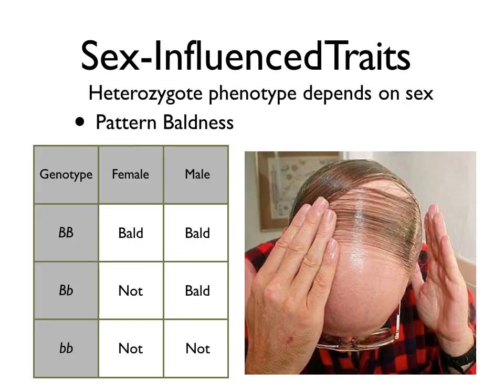And then there are also sex influenced traits. Now, these are traits that are influenced by the sex of the individual. Okay? So in this case, male pattern baldness, right? So what's interesting here is that different genders can have the same genotype, but they have different phenotypes that are influenced by their biological sex.